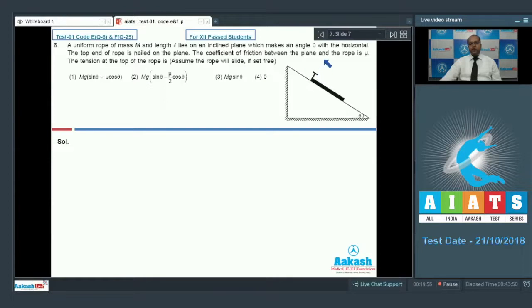So it is already given in the question that if the nail is removed, then the rope will move down the incline. So at that moment limiting static friction will be acting.